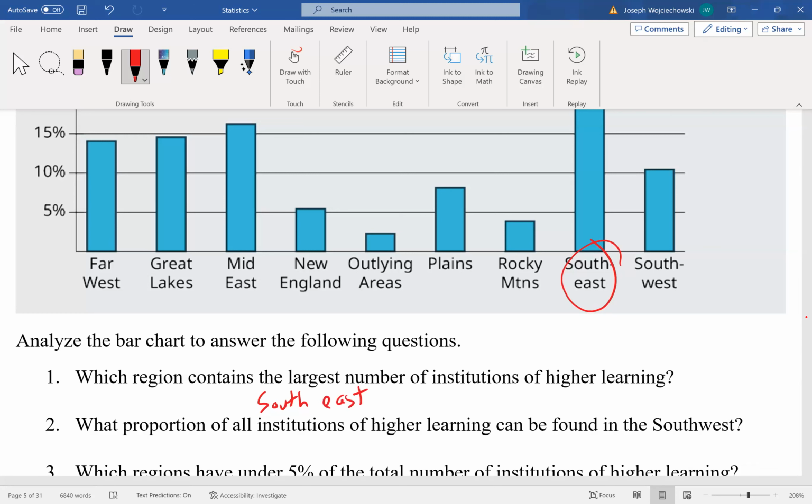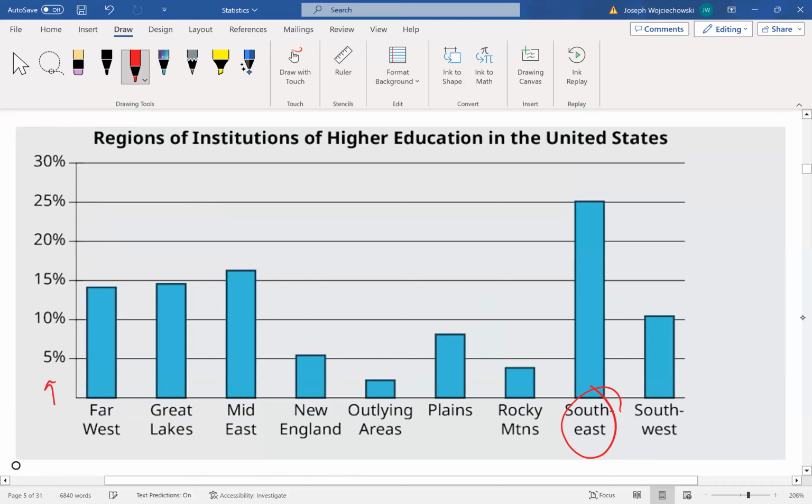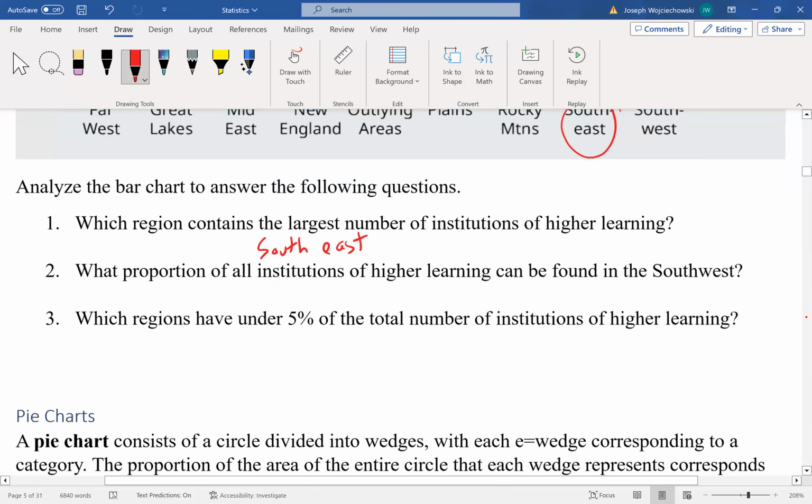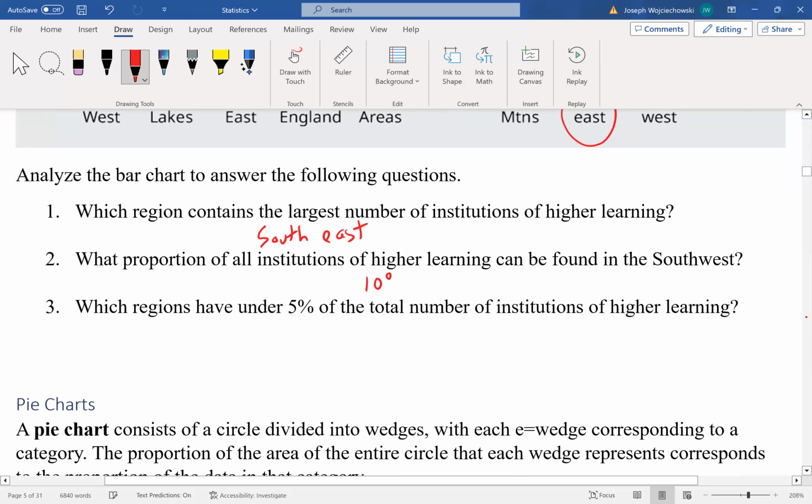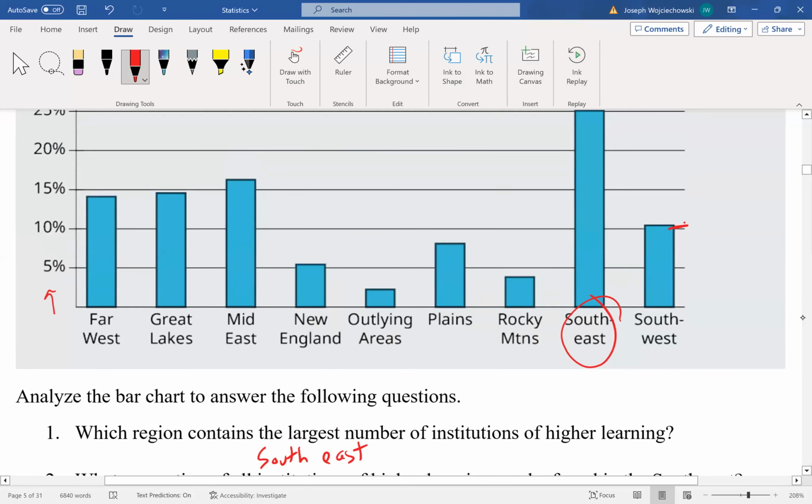What proportion of all institutions of higher learning can be found in the Southwest? Well, we're lucky because we're given percentages, which is proportions. So we go to Southwest, that's here, which is roughly 10%. And which regions have under 5% of the total number of institutions of higher learning?